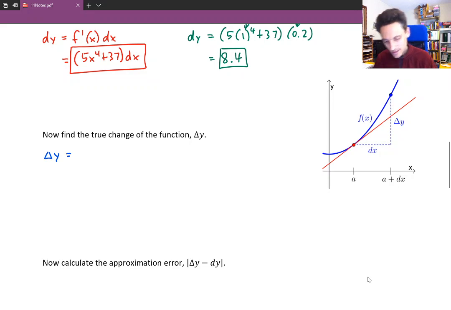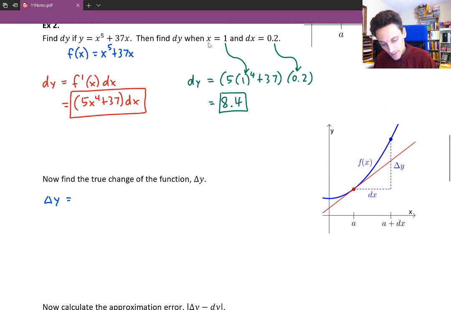So here, the starting x value is 1. The ending x value is 1 plus 0.2. If we wanted to put these x values into our picture here, this would be 1, and this would be 1 plus 0.2, which is 1.2.